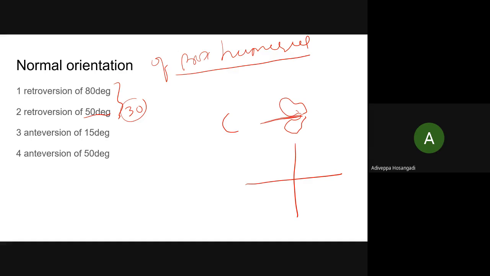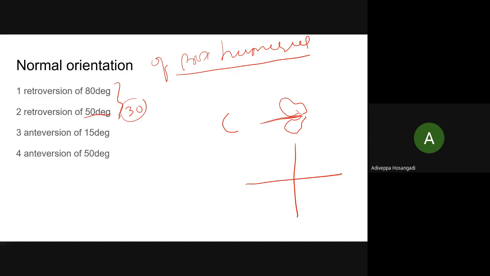So in the humerus, it is retroversion of 30 degrees. In the hip, proximal femur, it is antiversion of 15 degrees. Please remember that. The head is posterior as compared to the intercondylar plane of the elbow.